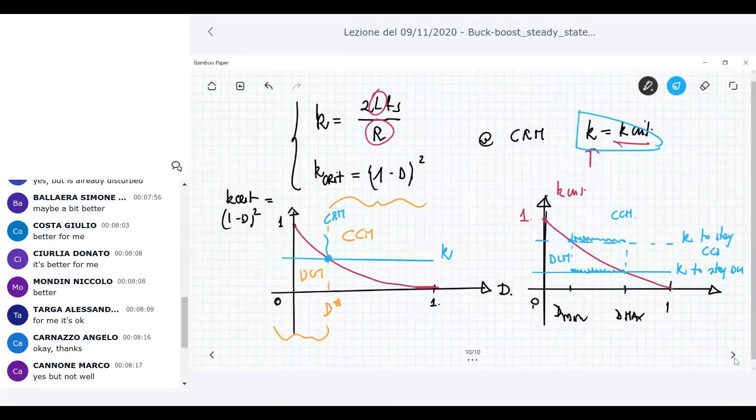So in order to operate in DCM, you have to consider the D max in your expression, for example for the inductor, and to operate in CCM, you have to consider the minimum. So, let me redraw.